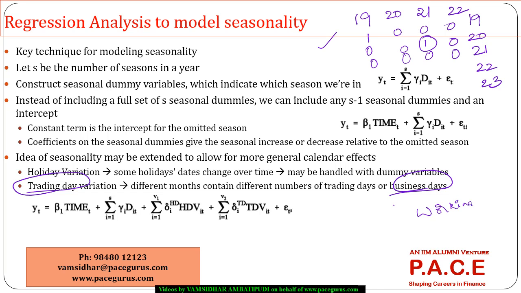The more number of working days there are, the sales, if I have to model the total sales, could be much higher compared to the periods where there are lesser number of business days. So these are some of the things. If I want to bring them up as a part of my model, it's better that I consider different dummy variables even to incorporate the number of trading days in that particular period as well.